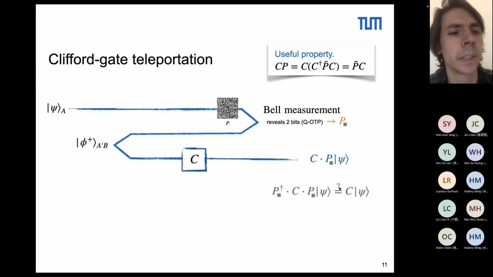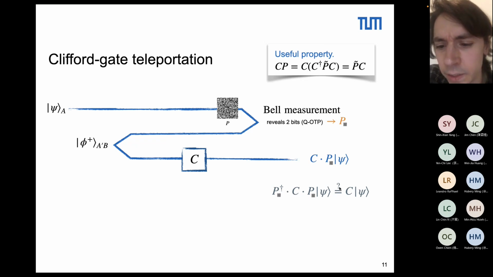So I come back to this gate teleportation, but now instead of taking an arbitrary unitary, I only apply a Clifford gate. Now I still have that it's not true that if we sandwich one Clifford between twice the same Pauli, it's going to be the same as applying directly the Clifford gate.